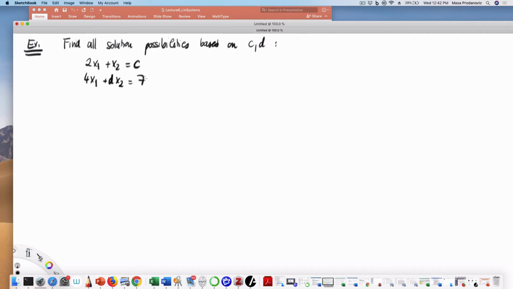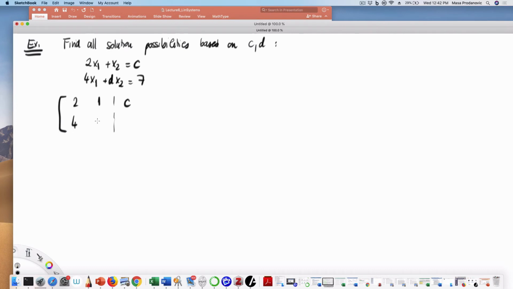This system is so small that whether we use an augmented matrix or not doesn't really matter. Everything goes in a 2x2 system. You don't have to necessarily stick to an augmented matrix, but I will anyway.